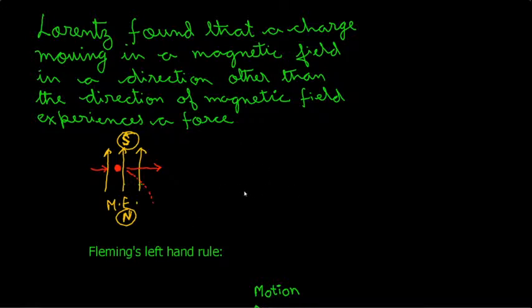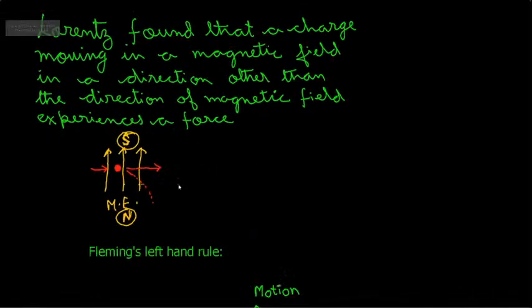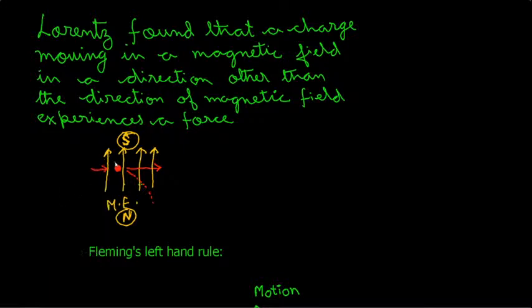For example, in this you see that the magnetic field is running from the bottom of the screen to the top of the screen. Now this red thing is my charge. If my charge also moves in the same direction, it is going to experience no force.